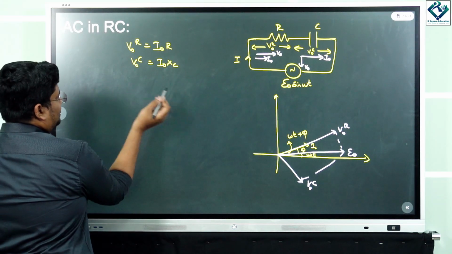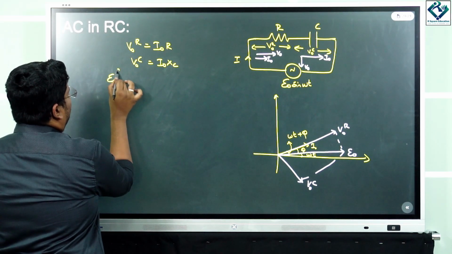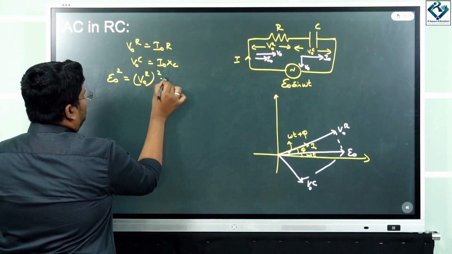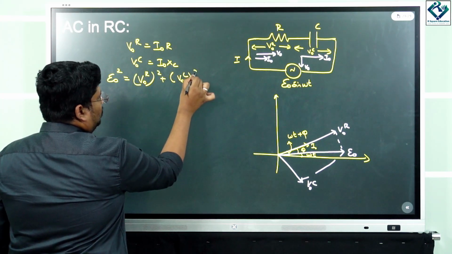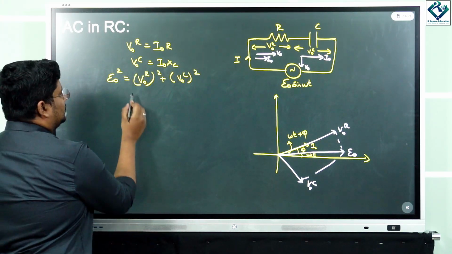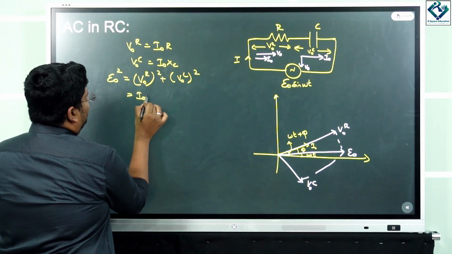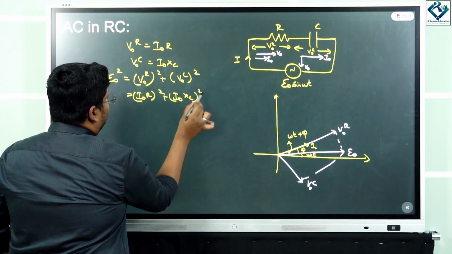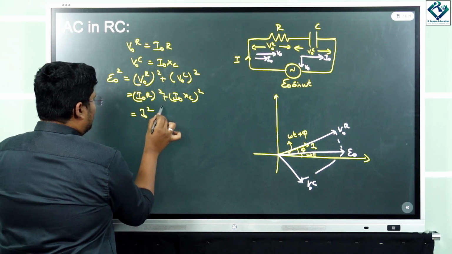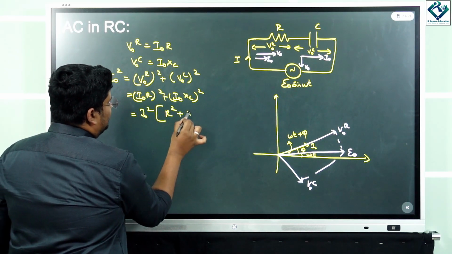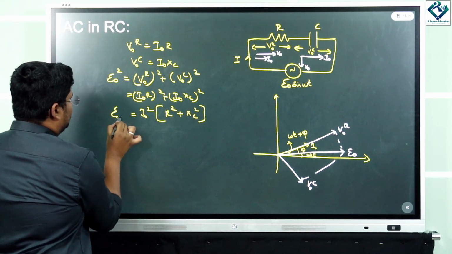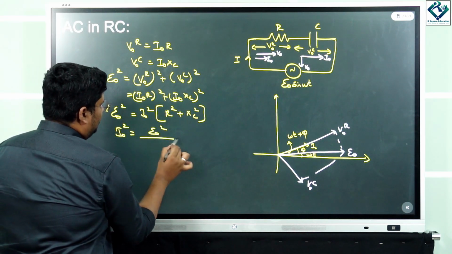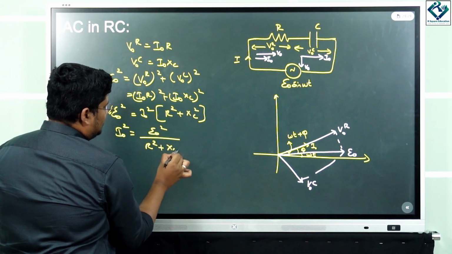Now by using Pythagoras theorem, E naught square will be equal to V naught R the whole square plus V naught C the whole square, correct? So what is V naught R? I naught R the whole square plus I naught XC the whole square. Taking I naught square common, R square plus XC square is going to be E naught square. I want I naught square, so E naught square divided by R square plus XC square.